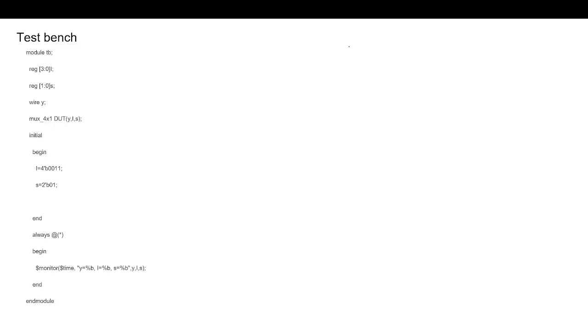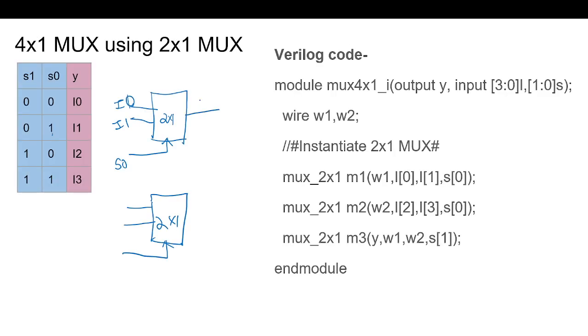Then again with S0, when it is 0, I am selecting I2, and I3 when it is 1. Now I have to apply these to another multiplexer, and the select line is S1.